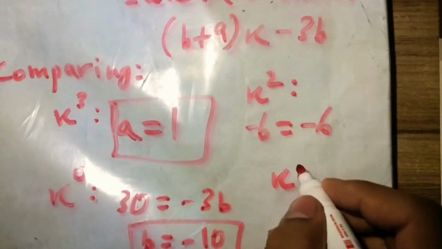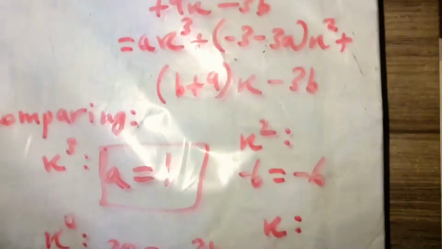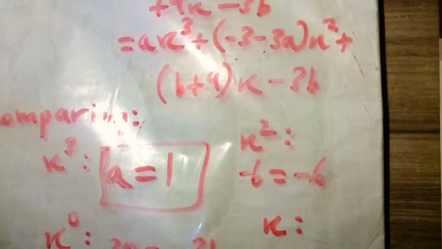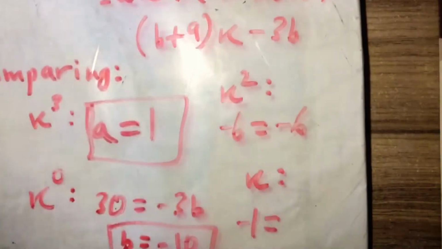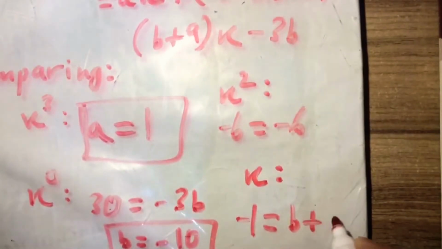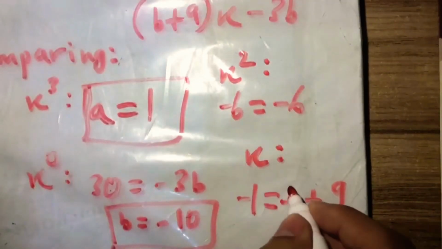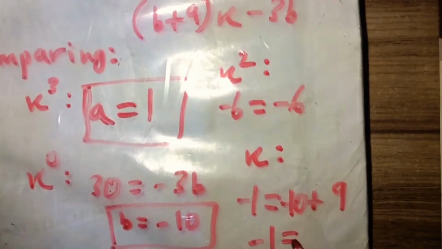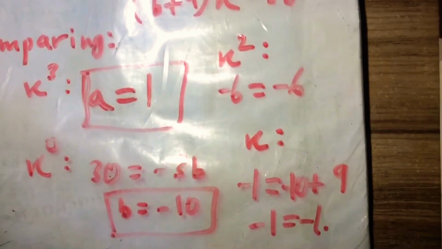And then taking x, here we have minus 1, and over here for x we have b plus 9. Now b we found as minus 10, so minus 10 plus 9 equals minus 1. So even this is confirmed. So these are the two values.